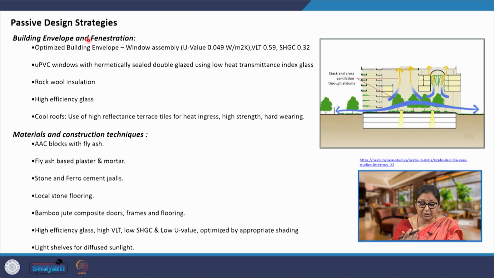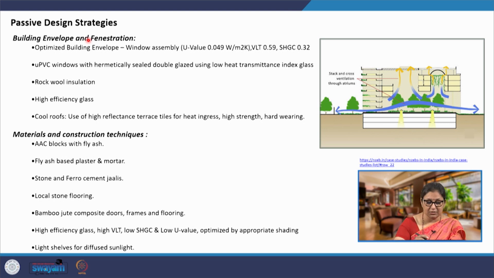And when we are talking about material and construction, AAC blocks with fly ash. So a lot of discarded waste material has been used, fly ash based plaster and mortar, then stone and ferrocement jalis, flooring in locally available stone, and bamboo jute composite doors.